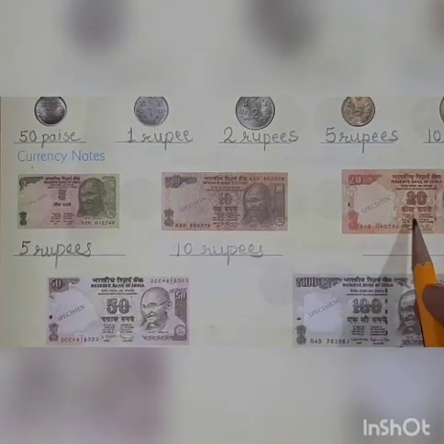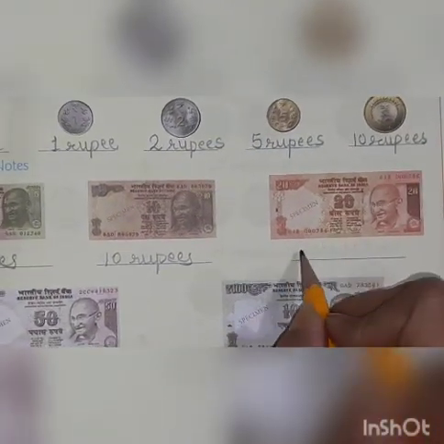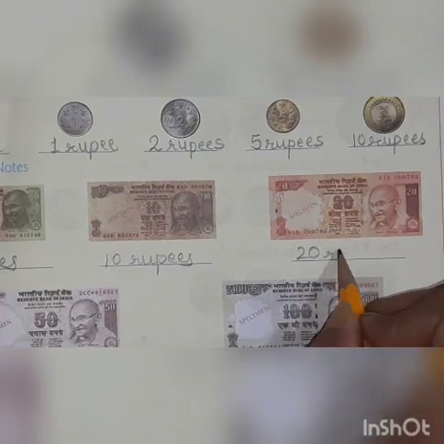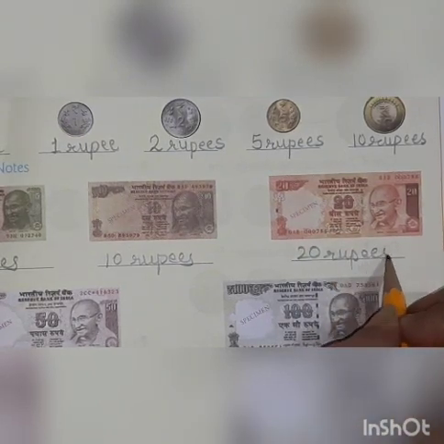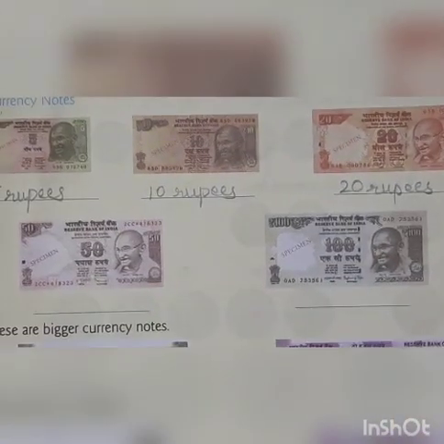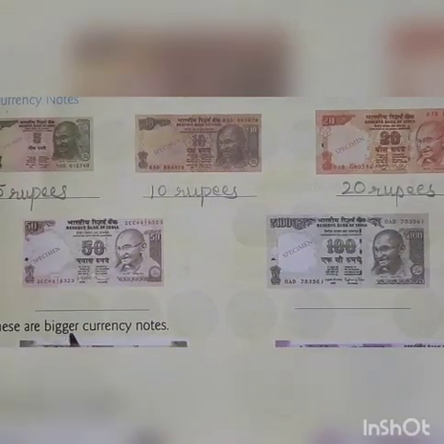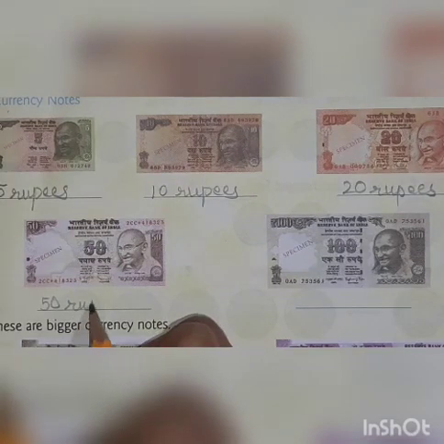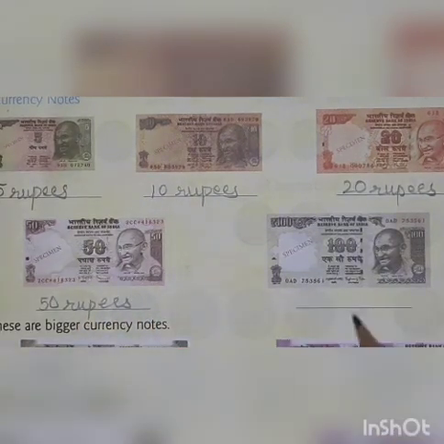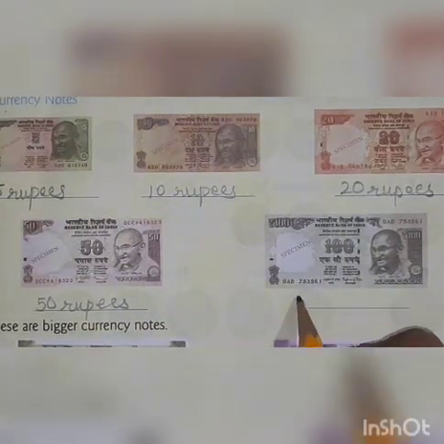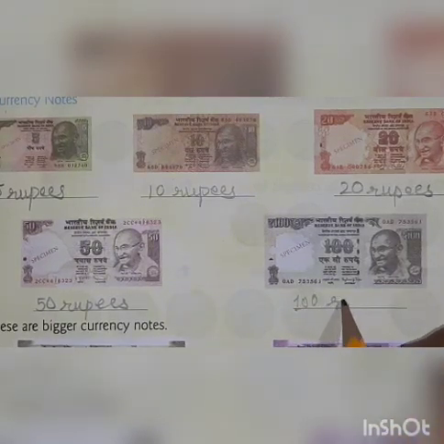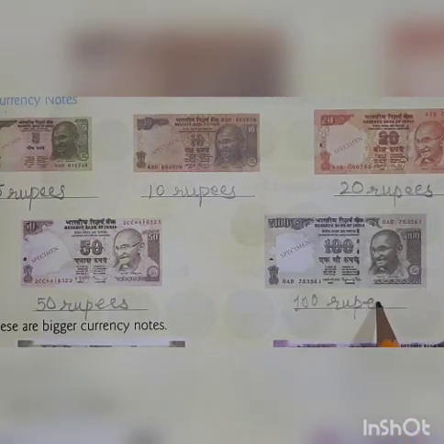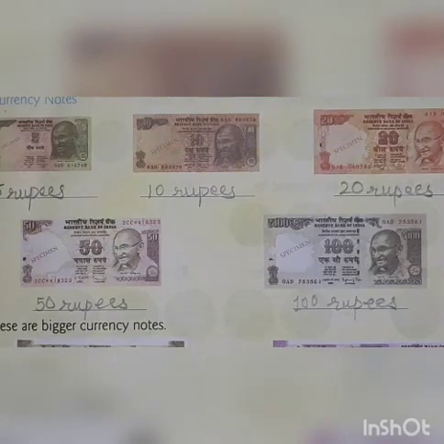Next one is 20 rupees, which you learnt last year in standard first. This is 50 rupees. And this one is 100 rupees. So this you have learned in standard first.